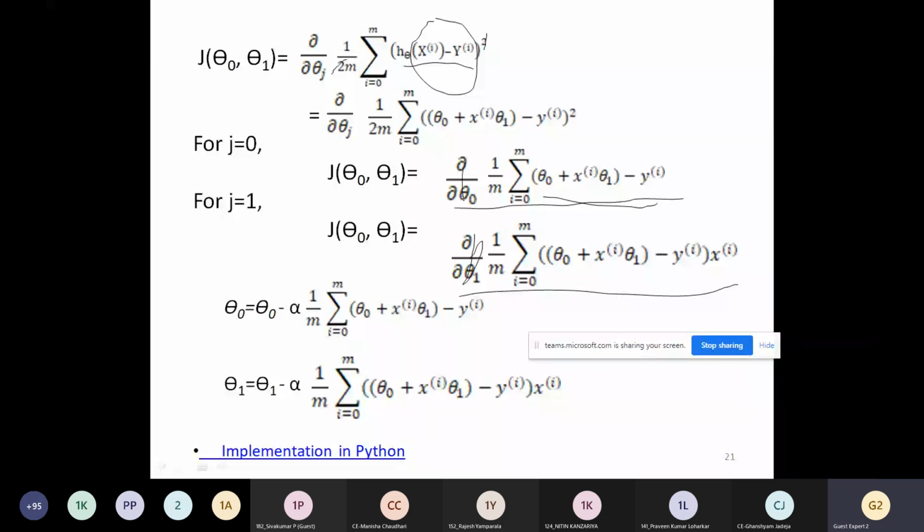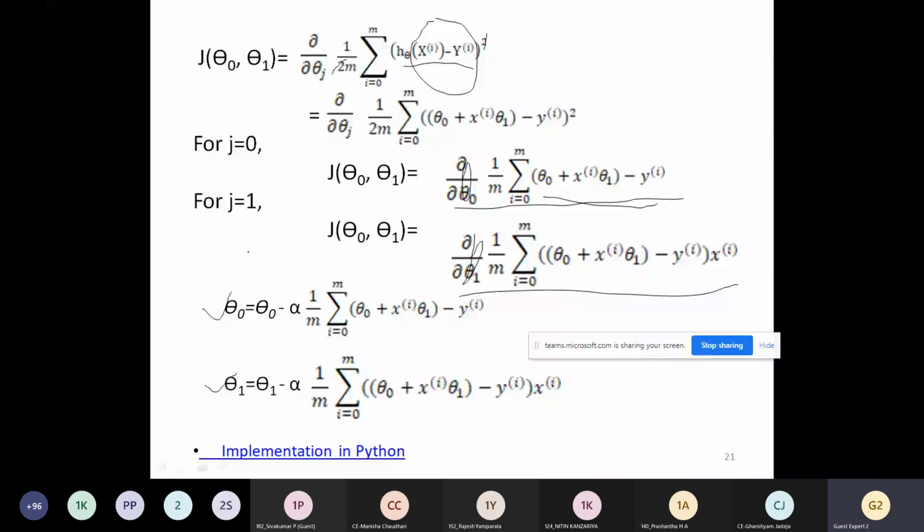So our theta 0 is equal to theta 0 minus alpha into this derivative, and theta 1 is equal to theta 1 minus alpha into this derivative. So these are our equations. In our algorithm, if I want to estimate the value of theta 0 and theta 1, I have to start with some random value of theta 0 and theta 1 and then find the cost.